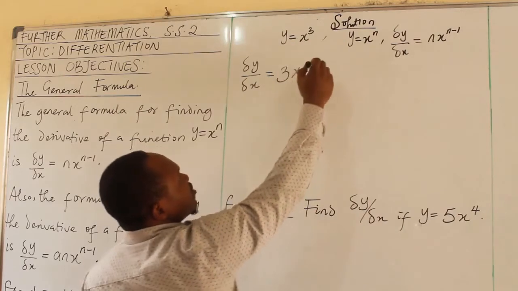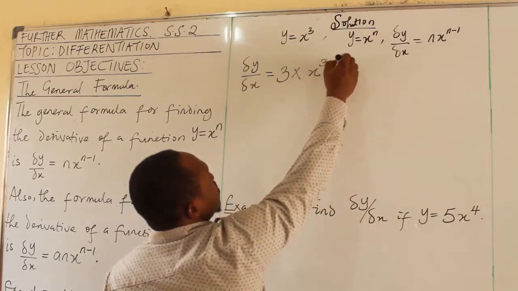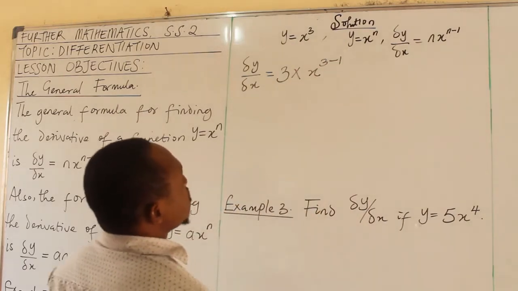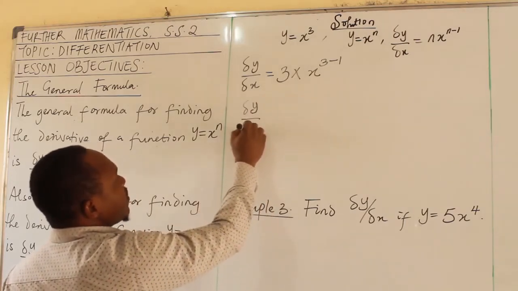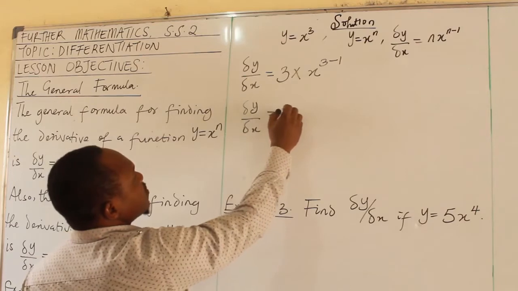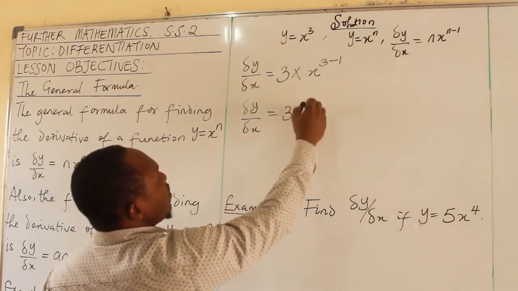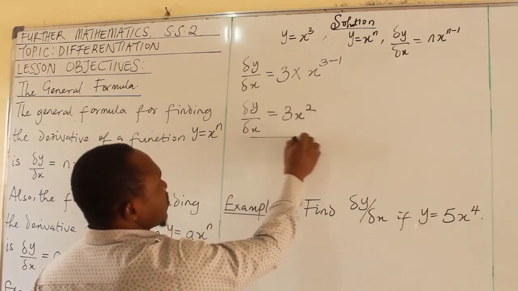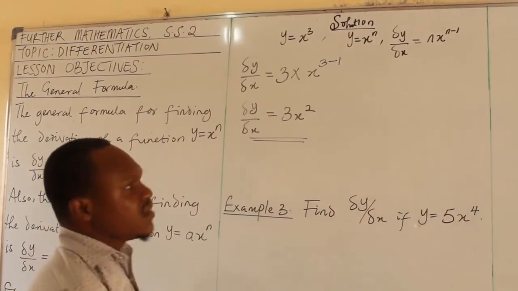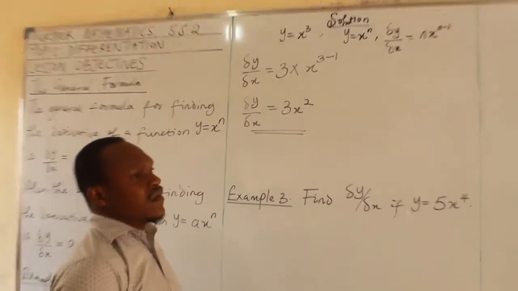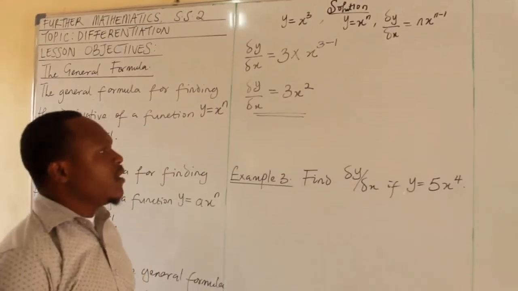Once again, n is 3, so we have x raised to power 3 minus 1. 3 minus 1 is 2. So finally, dy over dx is equal to 3x raised to power of 2, just like what we had previously. So if you observe, you can see that the formula method is slightly faster to achieving our aim.